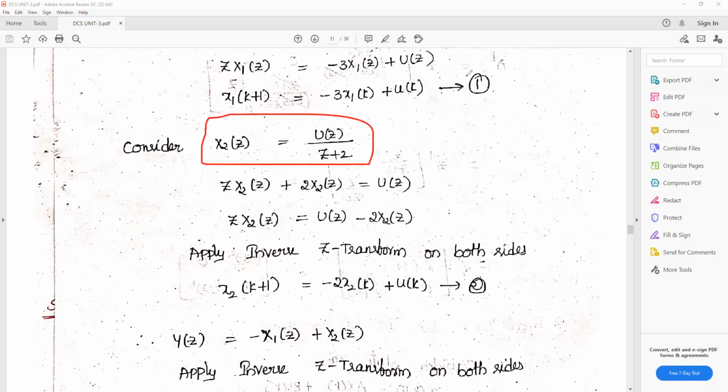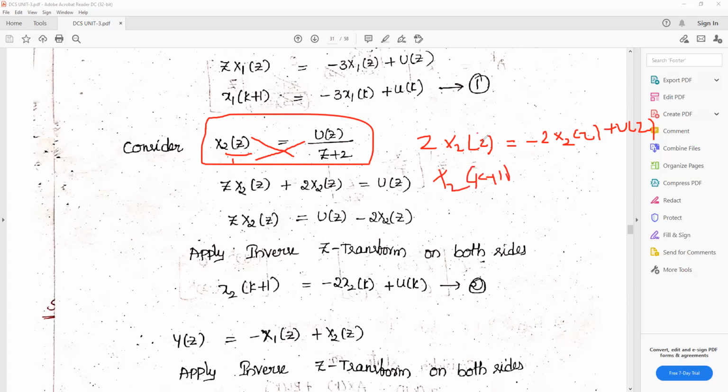So this is the cross multiplication: z into X2 of z is equal to minus 2 into X2 of z plus U of z. Z into X2 of z is X2 of k plus 1.